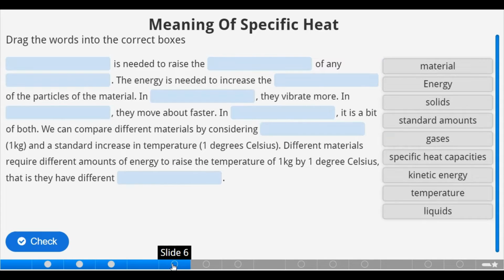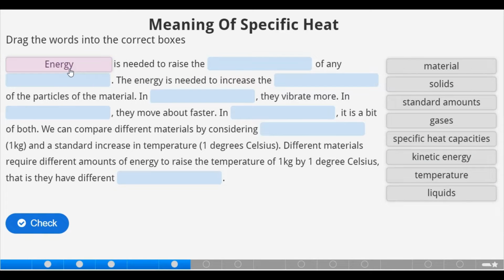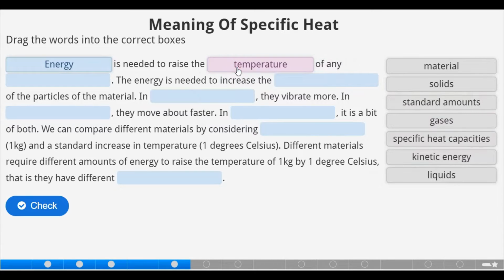Let's go on. So, meaning of specific heat. Let's start by dragging the words into the correct boxes. So, energy is needed to raise the temperature of any material.